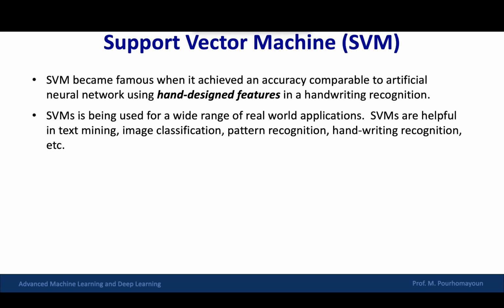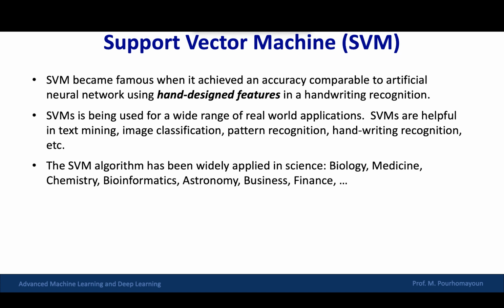So scientists in the field of machine learning started thinking about other algorithms, and SVM was one of them, random forest was one of them, and they could achieve very accurate results with SVM for a small data set, even when we have a small data set for training, and it was very effective at the time.